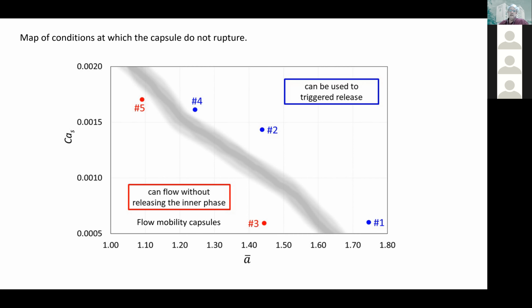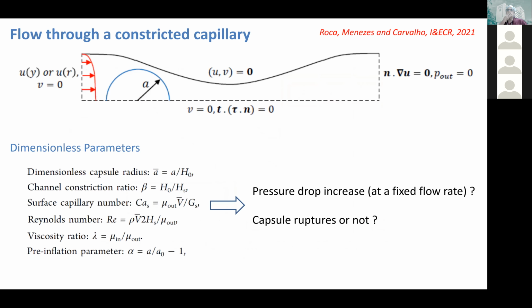So in order to design the appropriate capsules for the level of pore blocking that's needed in different situations, we could run more and more experiments, but that would be extremely costly and time consuming. So José Roca developed a model to study this problem. The idea is to have a numerical simulation where we study the flow of a Newtonian liquid flowing with a suspended capsule.